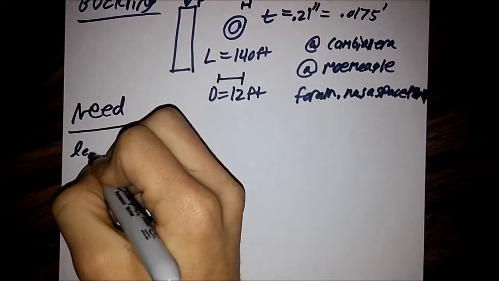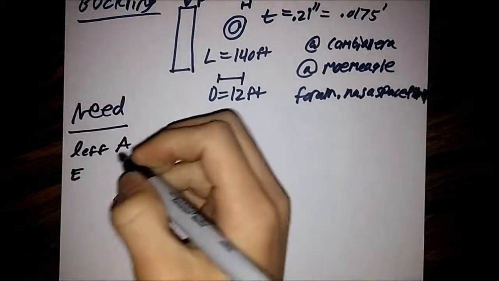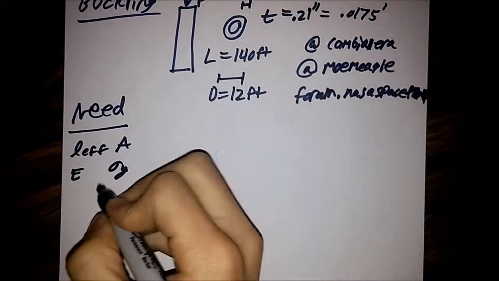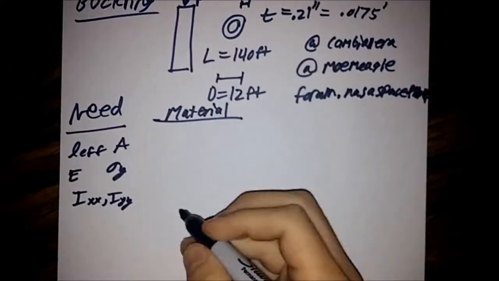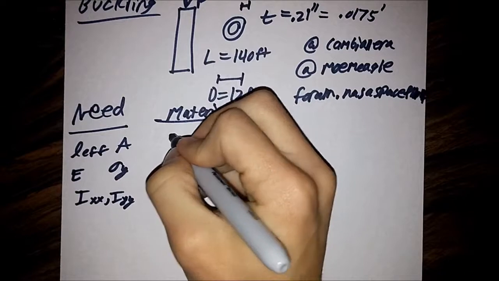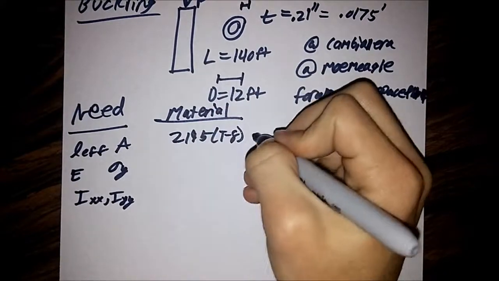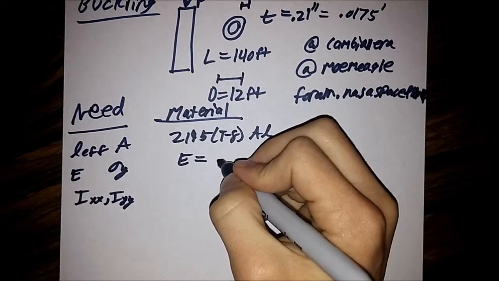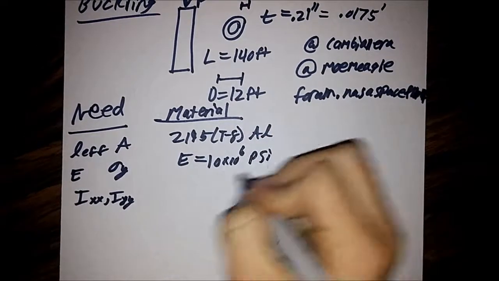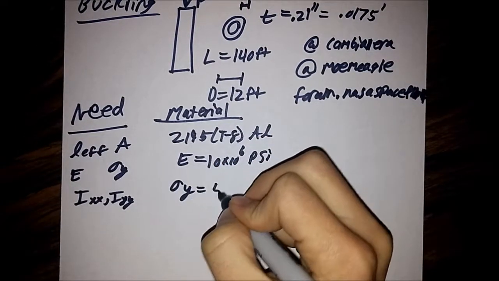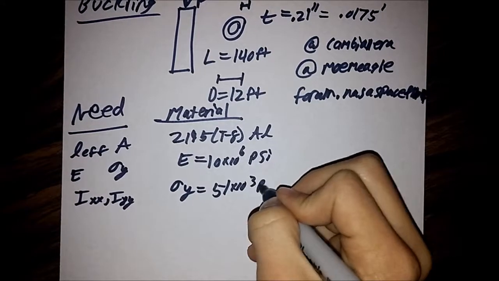Now we need an effective length, an area, an elastic modulus, a yield strength, and an IXX, IYY. Based on our material, we know that the Falcon 9 is made out of 2195 T8 aluminum, which has a modulus of elasticity of 10 times 10 to the 6th psi and a yield strength of 51 times 10 to the 3rd psi.